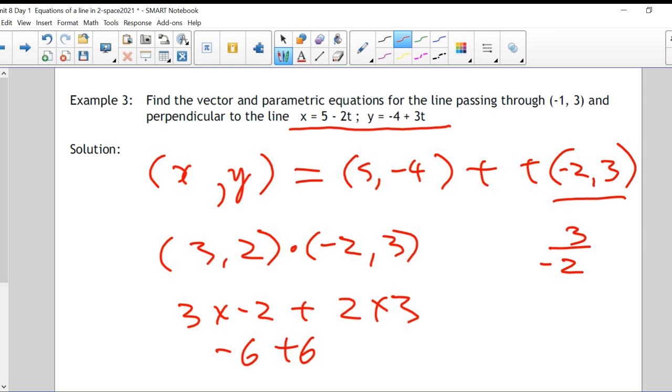So I'm going to say to you that the direction vector that we need right now is a 3, 2 direction vector. Not negative 3, but positive 3. So you're not just changing the places as you did, Richard, but if the ratio that you had was negative, you want the ratio now to be positive. So you're going to flip them around, but you're going to change whatever the ratio was before. The ratio now is a negative ratio. Change that to a positive ratio.